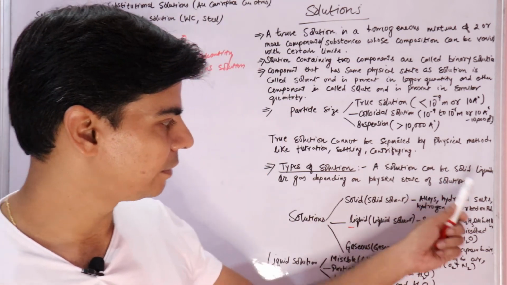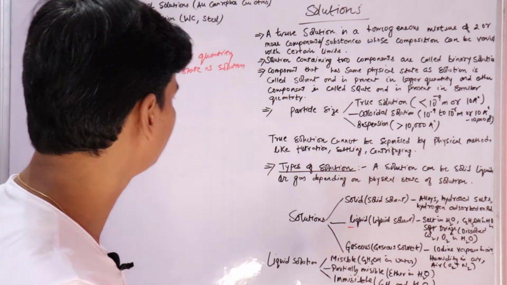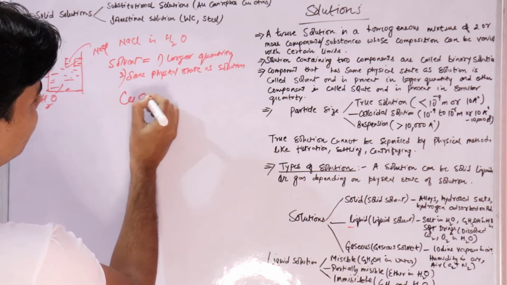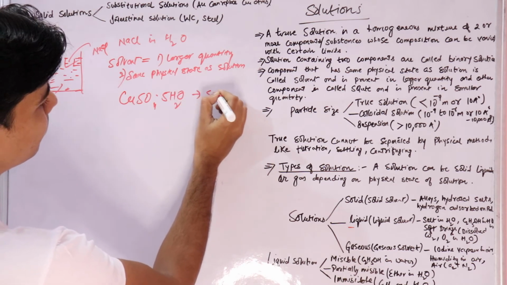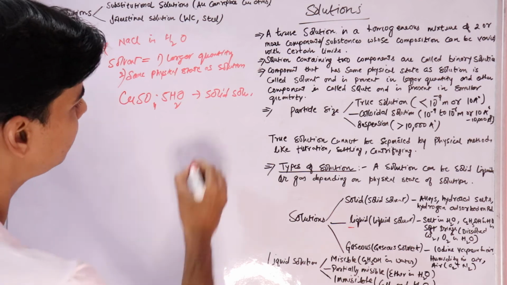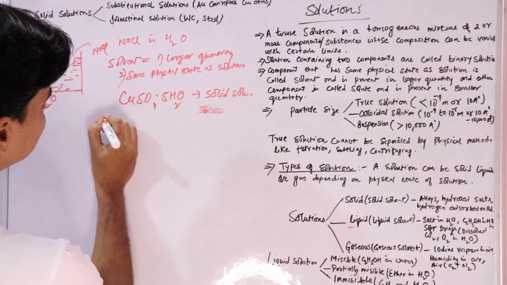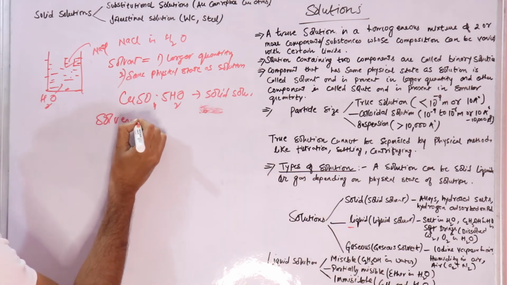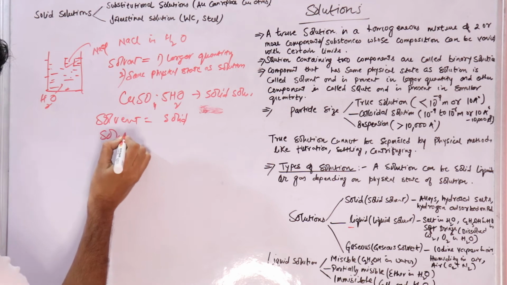Now hydrated salts. We know that hydrated salt, for example copper sulfate, we have studied about this, CuSO4·5H2O, is a solid solution. Since it's a solid solution, the solvent would always be solid.